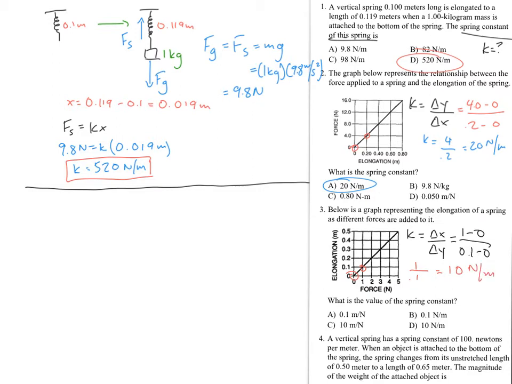Okay, looking at our choices here, you want to be careful. What we need is a unit in newtons per meter, because that's precisely the units for spring constant, and pick the number 10, so that is choice D.